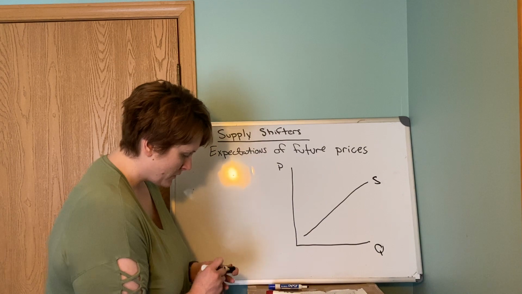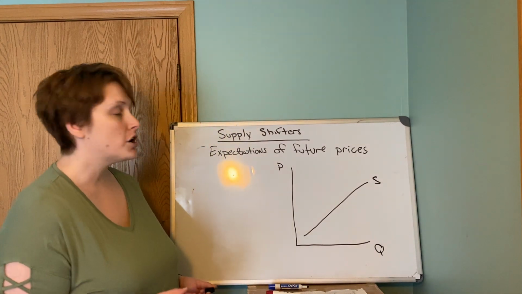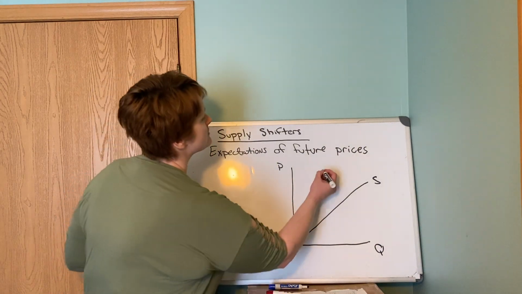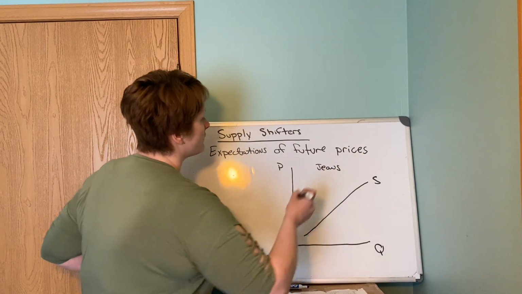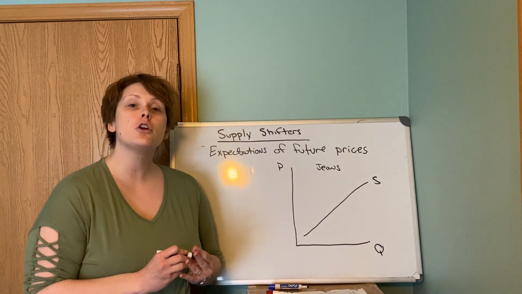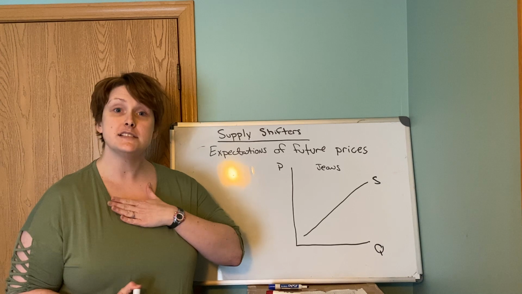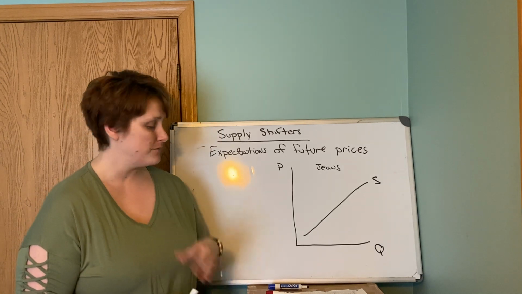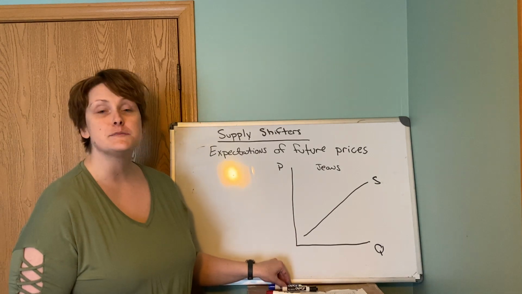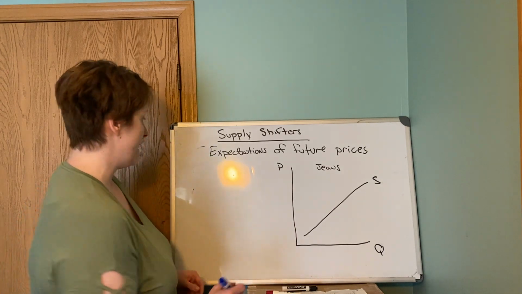So let's say that we are a retailer and we're looking at the market for blue jeans. We know that we're going to have a sale on blue jeans. Now, let's say I'm the retail worker. Let's say I expect that next week we're going to have a sale.